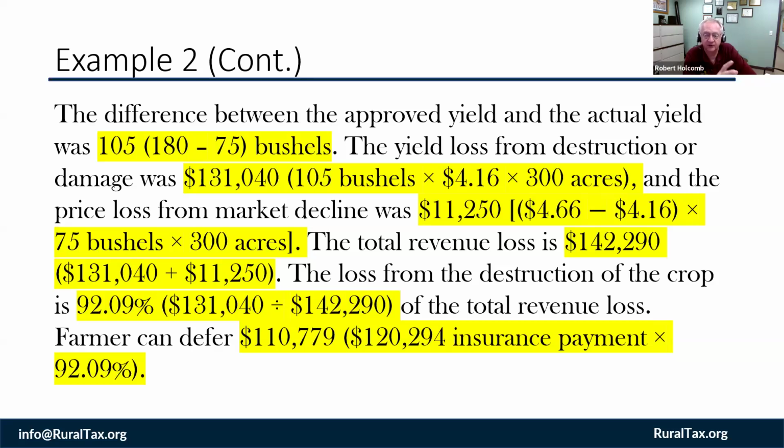Tax professionals have required continuing professional education, and my hope is that they're getting some schools where they're getting this type of CPE.